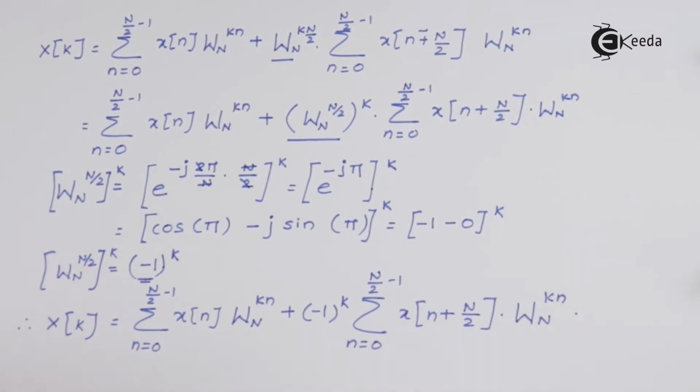After this equation, we will divide our function into two parts. We can split our function in even parts as well as in odd parts. So how to divide it? Let's see what we will get after the division.